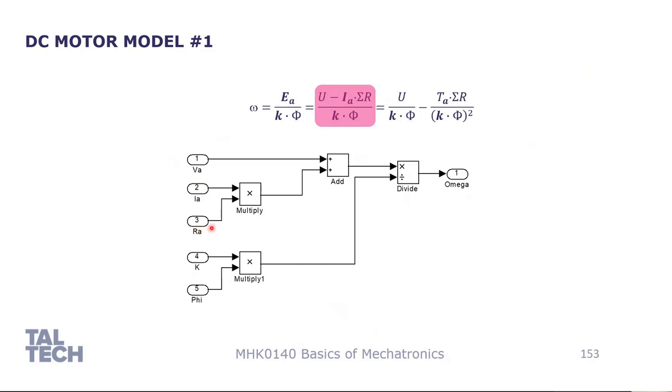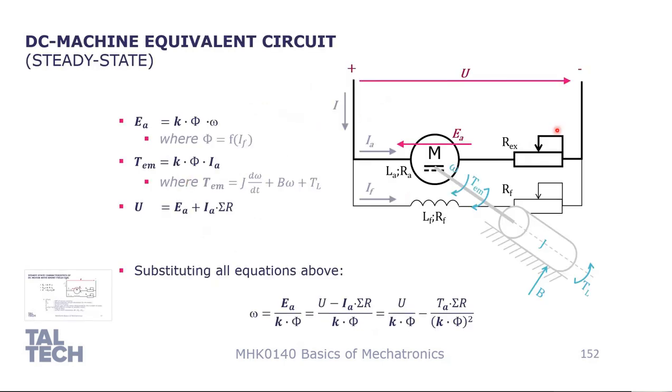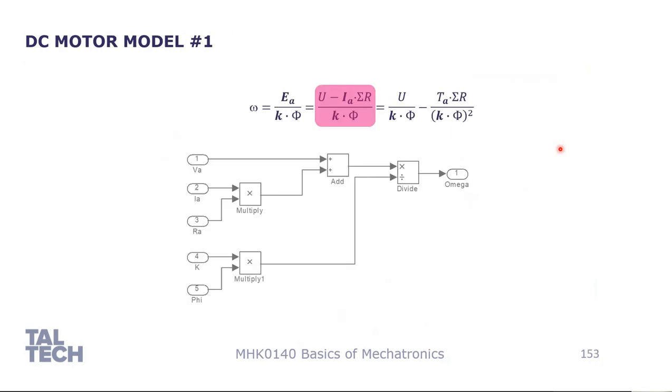This is the resistance of the armature. If we don't have the external resistance, like here, we use only the armature resistance, so we are multiplying them together here. Basically, this part will be here on the output.